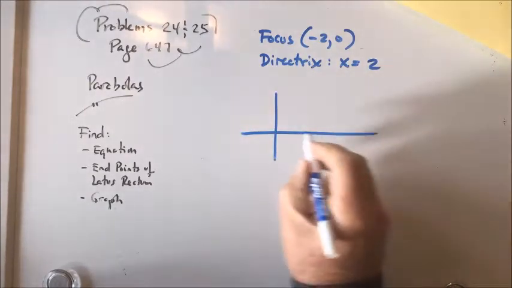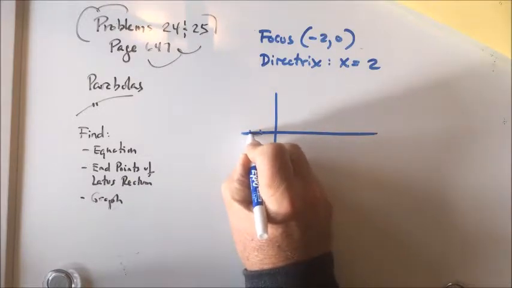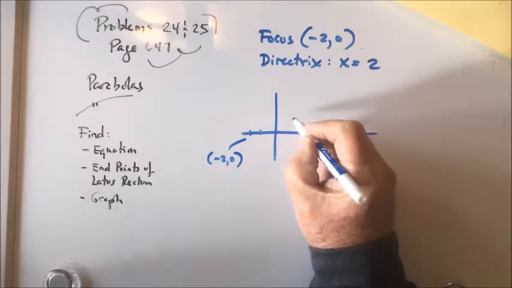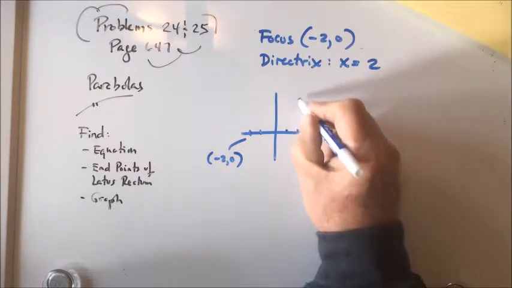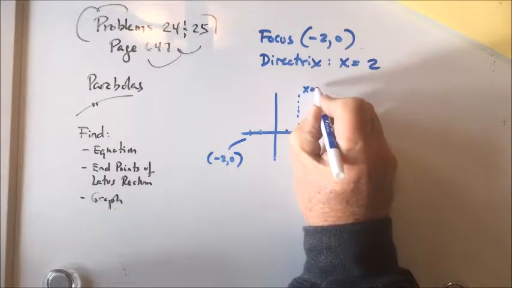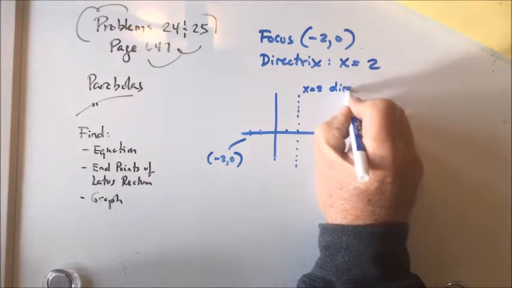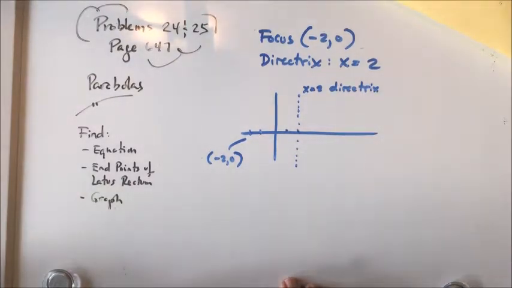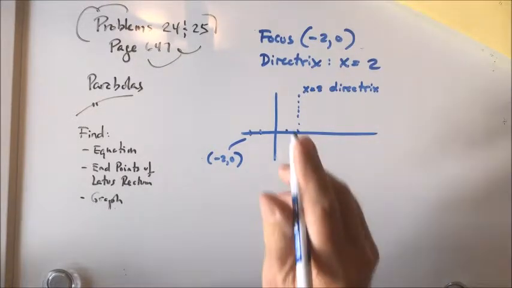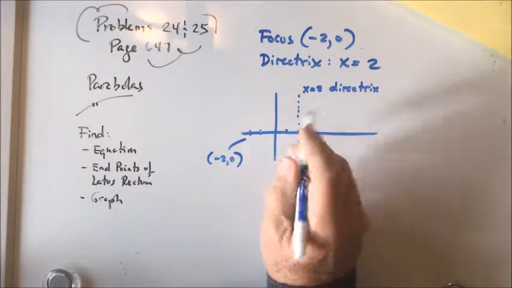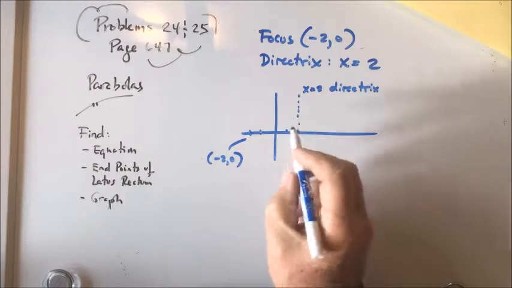Draw this. Let's go find the focal point, which is -2, 0. Let's draw the line x equals 2. That line is the directrix. And what do you know? The vertex is the point on the parabola.